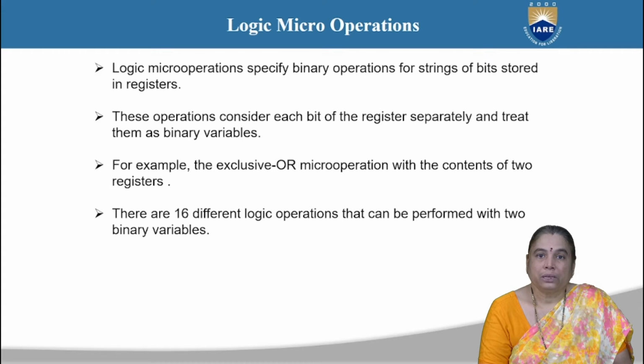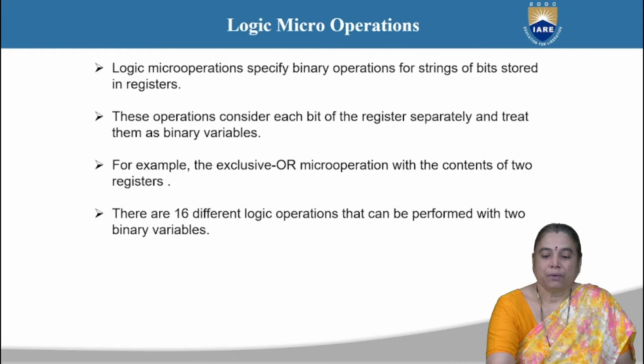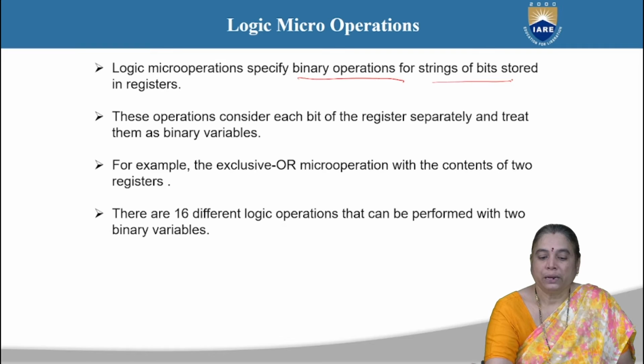Now, coming to this video, we will discuss two categories of micro operations: the logic micro operations as well as the shift micro operations. The logic micro operations specify binary operations for strings of bits stored in the registers.